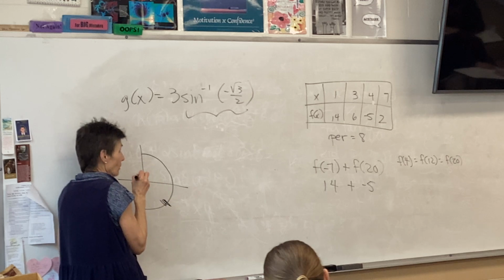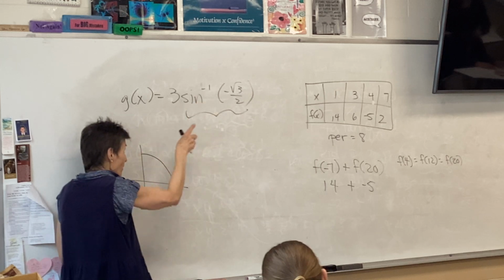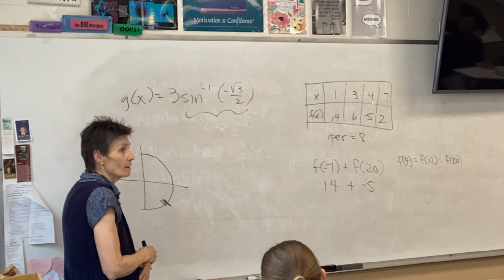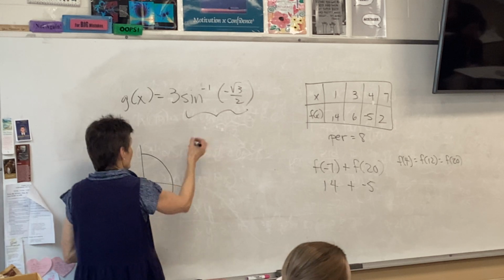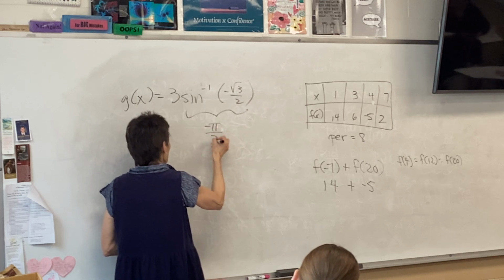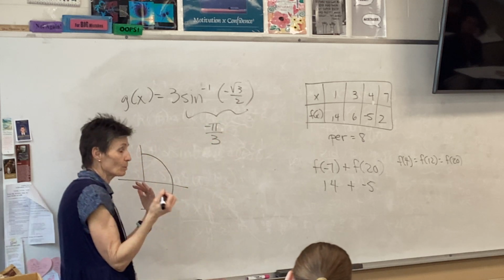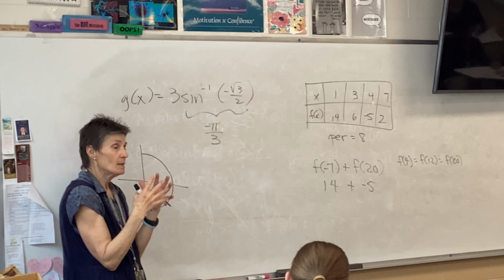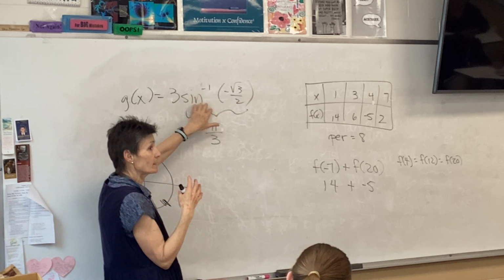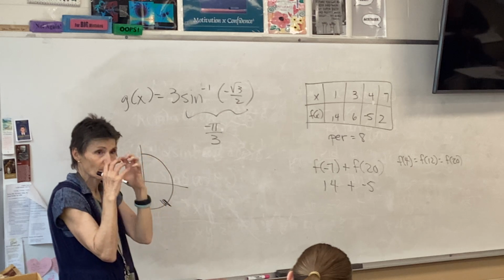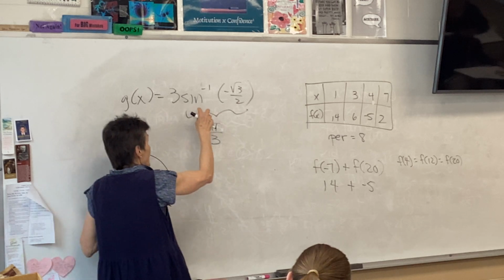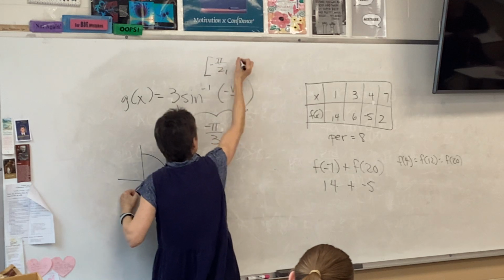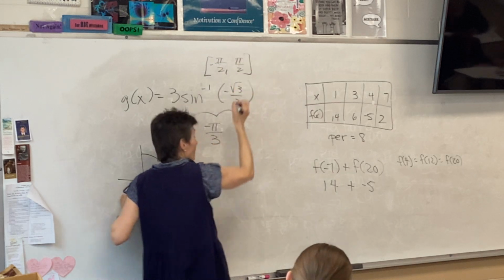What angle has that for a sine? -pi/3. Now, Brian, we need to talk about this. Inverse trig notation is very specific. Any answer to this question has to be between -pi/2 and pi/2.